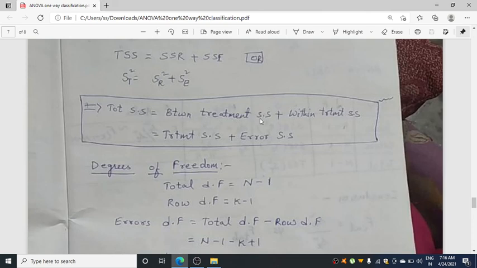If you are testing IQ only within girls and only within boys, it is within treatment sum of square. Are you understanding? If I am testing among two different groups, it is called between treatment sum of square. If I am testing within one group only, I will call it within treatment sum of square.